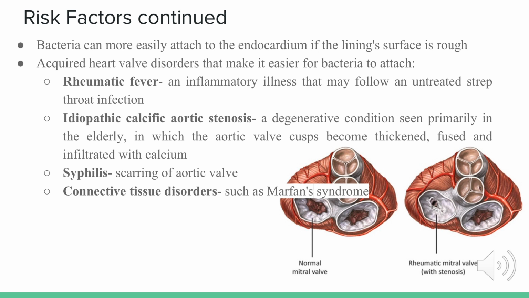Acquired heart valve disorders that make it easier for bacteria to attach are rheumatic fever, which is an inflammatory illness that may follow an untreated strep throat infection, idiopathic calcific aortic stenosis, a degenerative condition seen primarily in the elderly, in which the aortic valve's cusps become thick and fused and infiltrated with calcium, syphilis, scarring of the aortic valve, and connective tissue disorders such as Marfan syndrome.